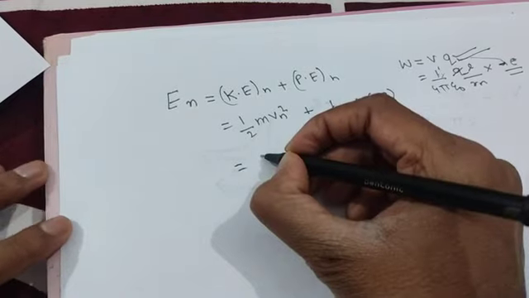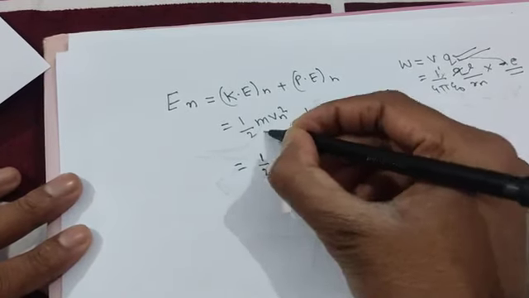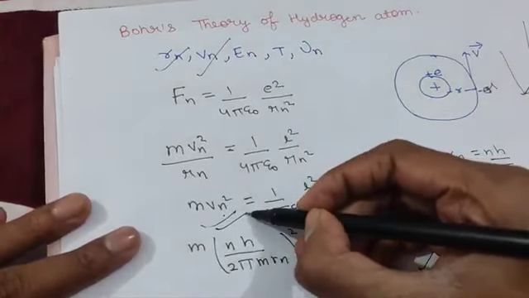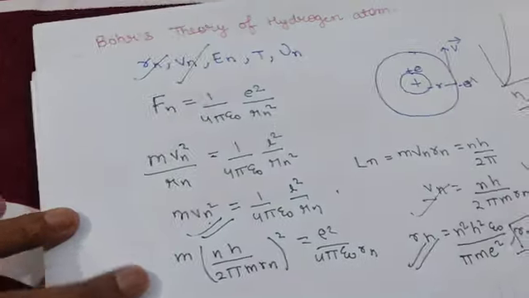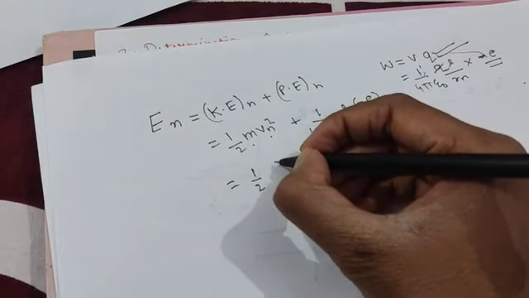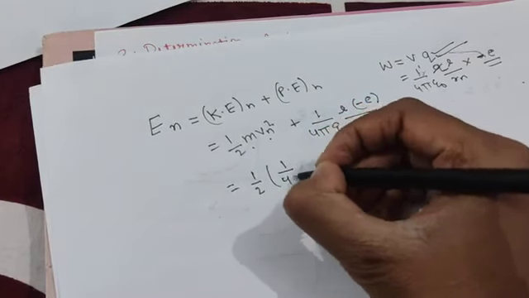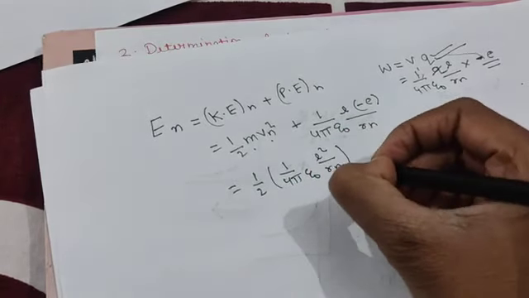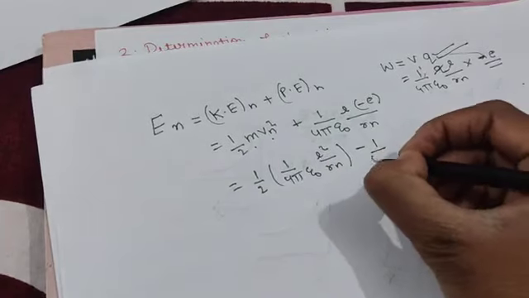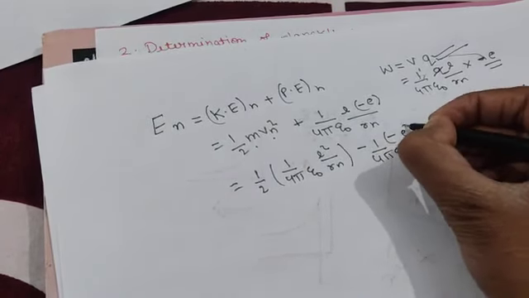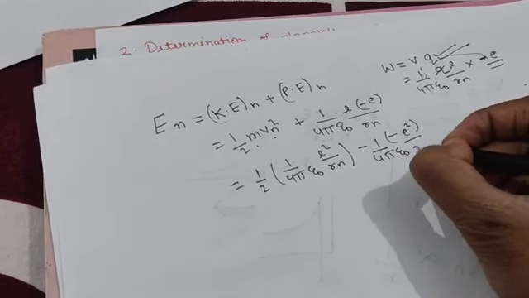Now solving this problem, we already have mVn square. We'll put this equation in that. So we'll have 1 by 4 pi epsilon naught e square by Rn minus 1 by 4 pi epsilon naught e square by Rn.